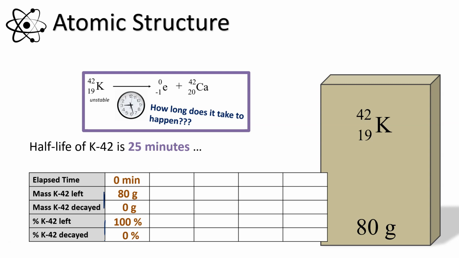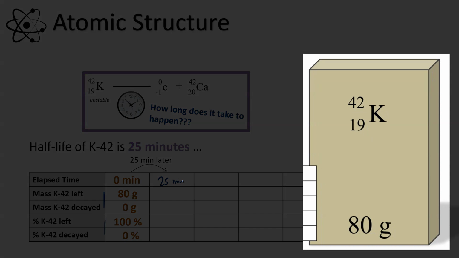So to understand what this means, what we're going to do is just literally start waiting, right? I'm going to wait 25 minutes later from that initial 0 minute moment, and we're going to see what happens with my potassium 42. So that means my elapsed time now is 25 minutes. The block that was fully 80 grams of potassium 42 now changes, and the amount of potassium 42 splits in half to just 40 grams.